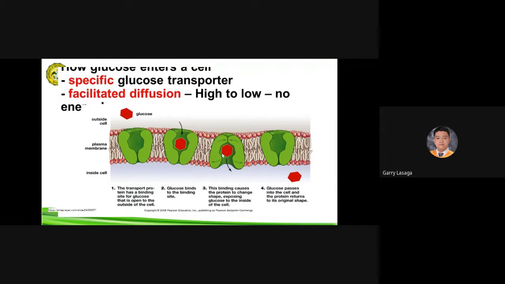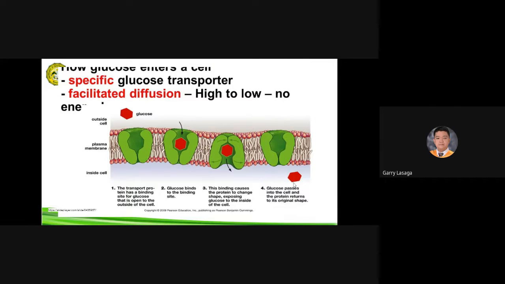So there is a change in the shape of the protein and the glucose will be able to move inside the cell. Glucose will pass into the cell and the protein returns to its original shape.